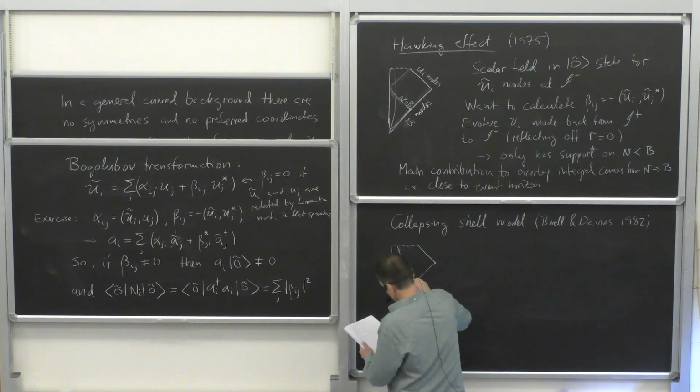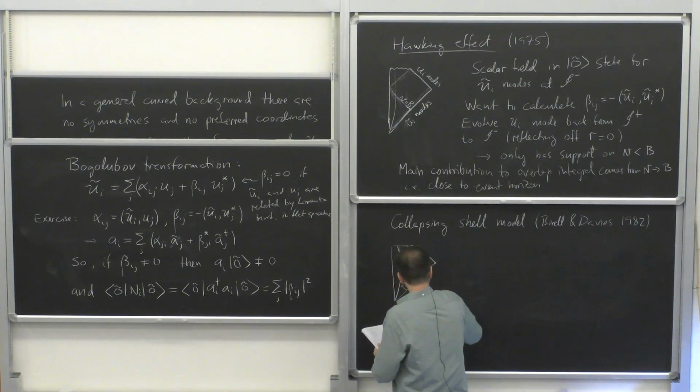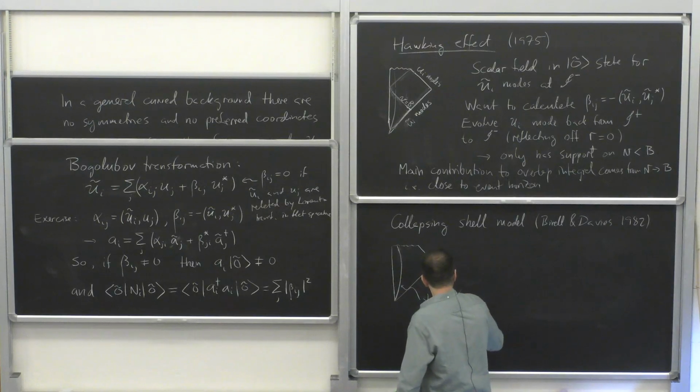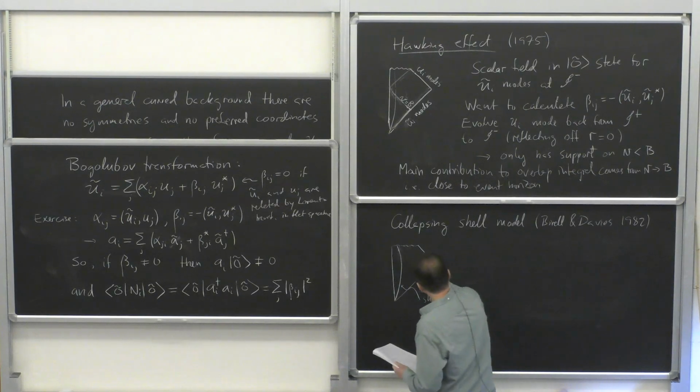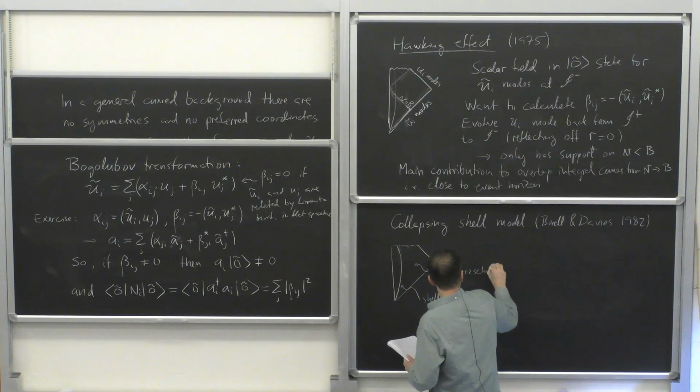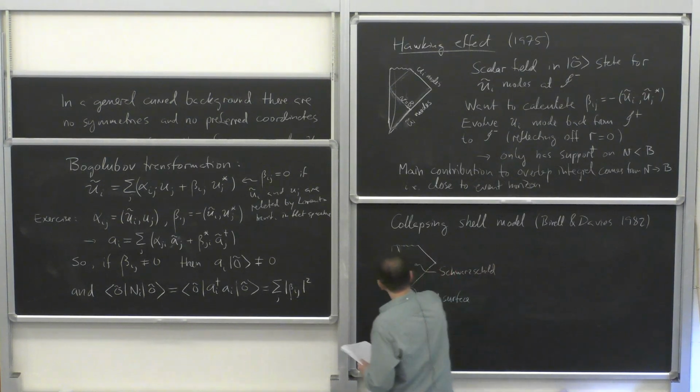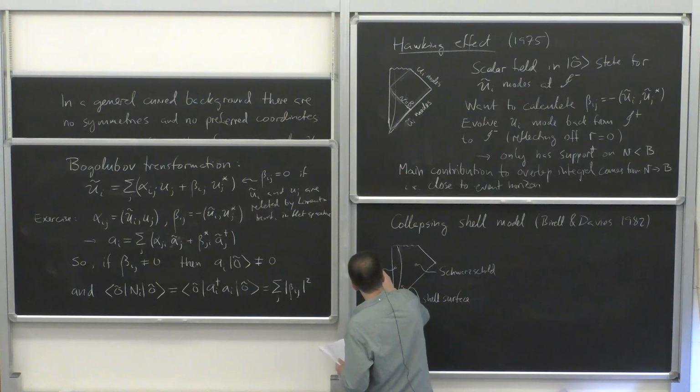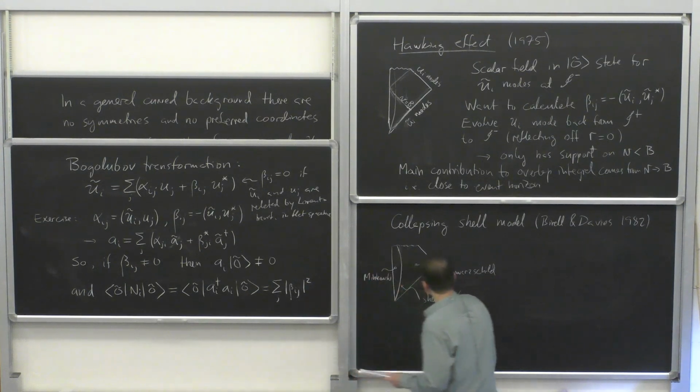This is the shell surface. This means that I have Schwarzschild out here, and I have Minkowski in here. Okay?